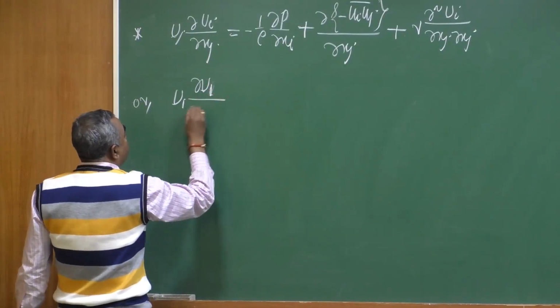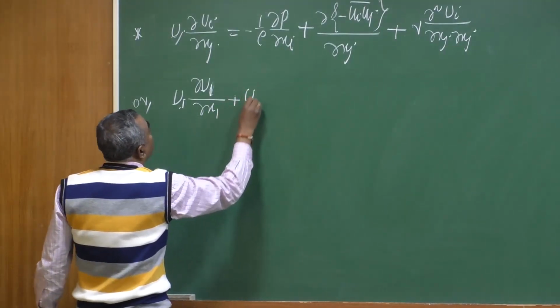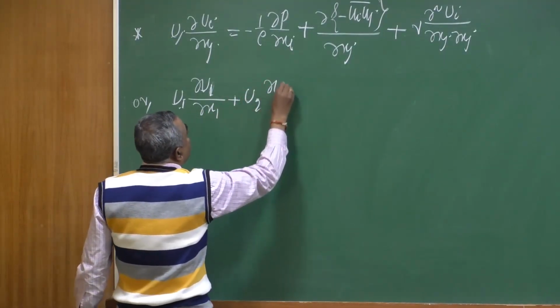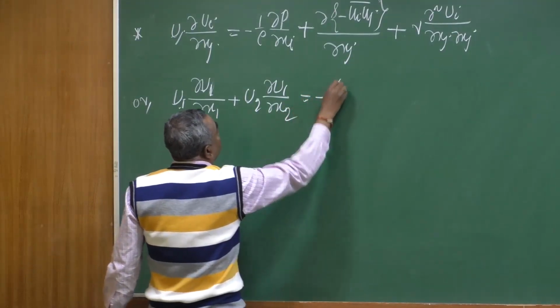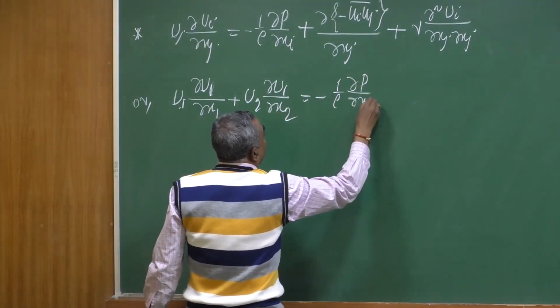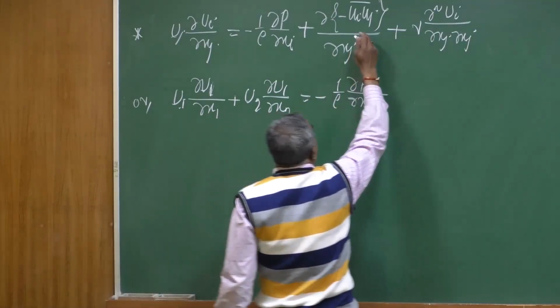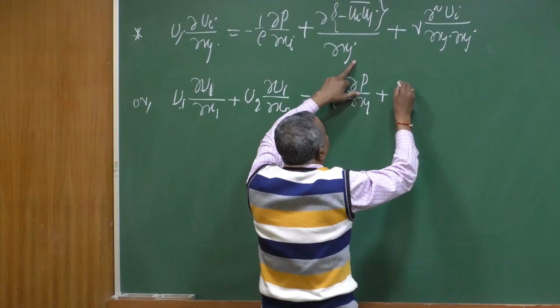for this momentum equation, u1 del u1 by del x1 plus u2 del u1 by del x2, and we are writing this equation for i equal to 1 only. Then, writing this equation for i equal to 1, we are going to get two terms.